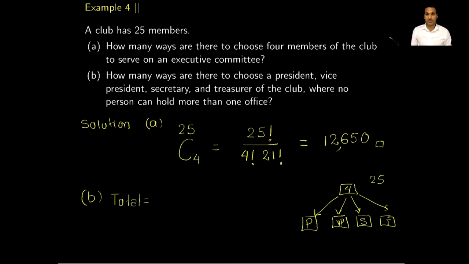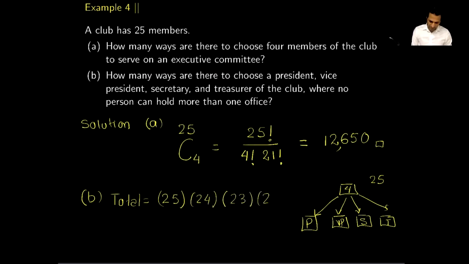because if I select the president, there will be 25 ways to select the president. So this will be 25. Then if I select the vice president, there will be 24 ways, because I already selected the president and I cannot select that person again. Then I can select the secretary, which is 23 ways, and then the treasurer, which is 22 ways.